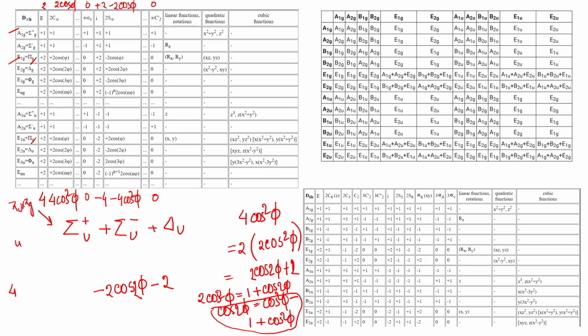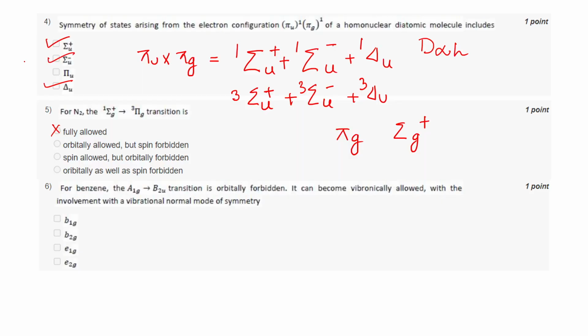Now you have to look at the symmetry species. x, y, z are where? Your symmetry species x, y, and z, they are a1u and e1u. That is not pi g, right? So that is also orbitally as well as spin forbidden.